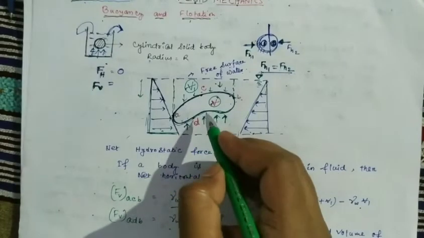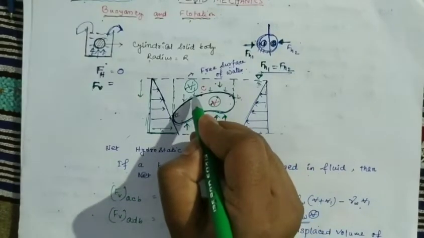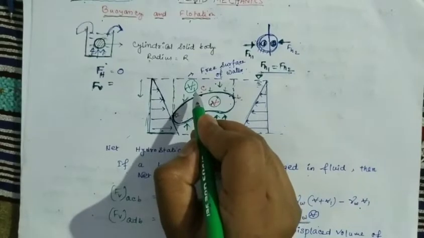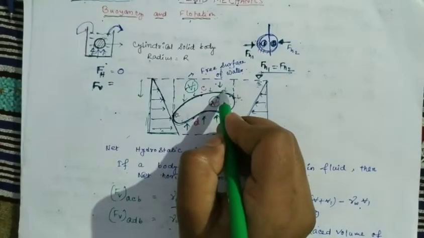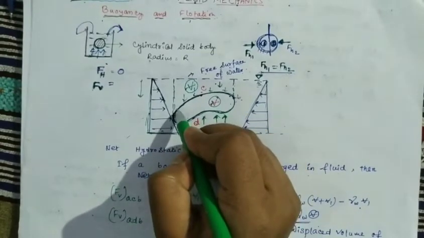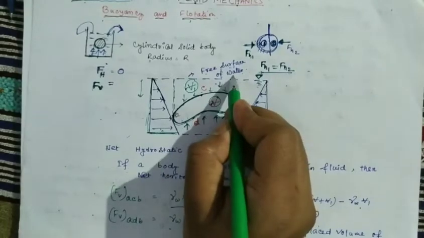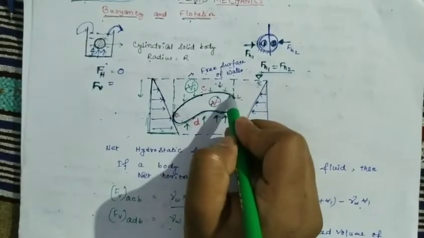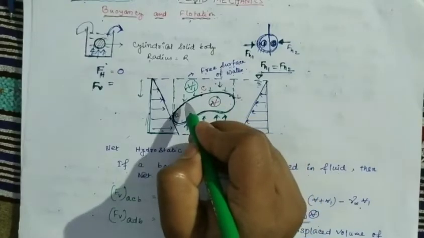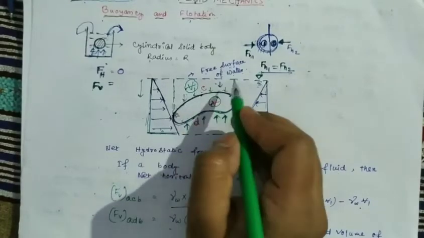So to calculate the vertical force on the ACB surface, you have to go upward up to the free surface from ACB, and you have to take all the volume of whichever medium comes to you.